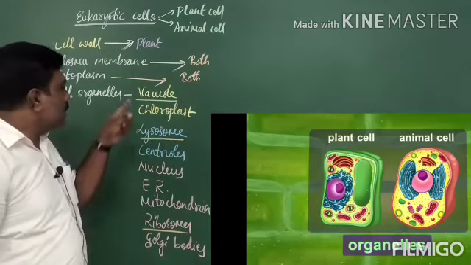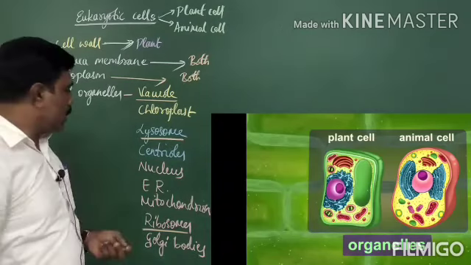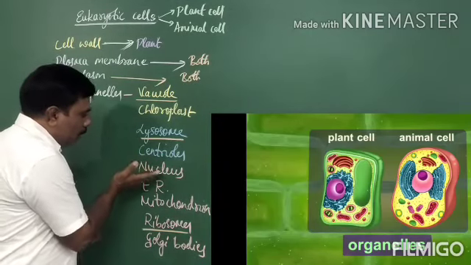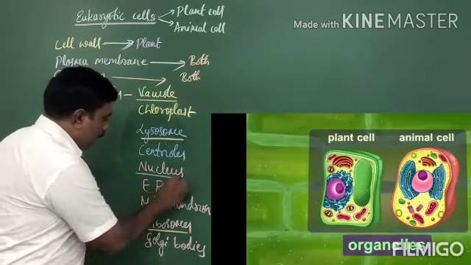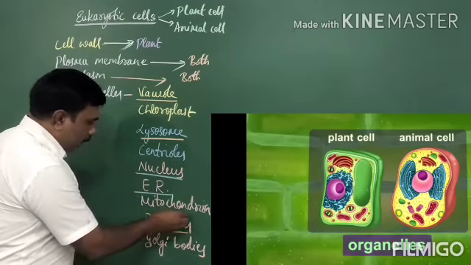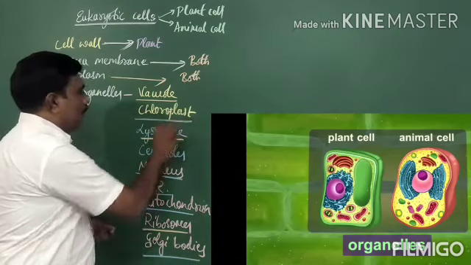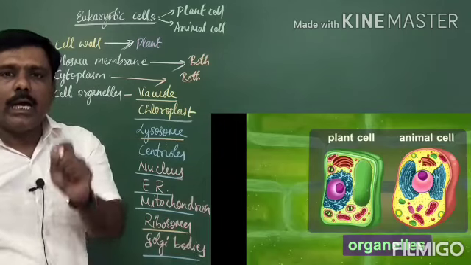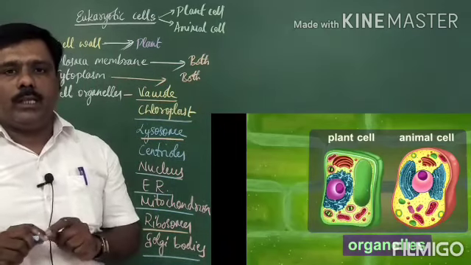Whereas the nucleus, endoplasmic reticulum, mitochondrion, Golgi complex and chloroplast have double membrane layers.